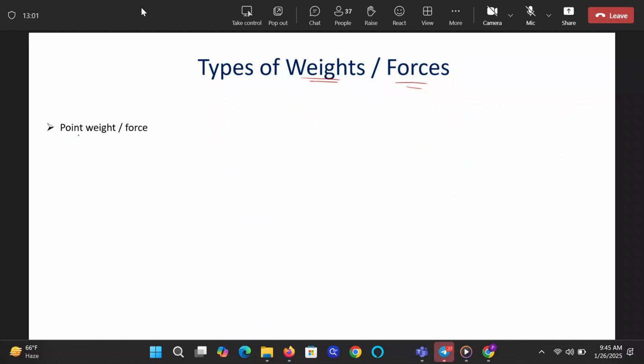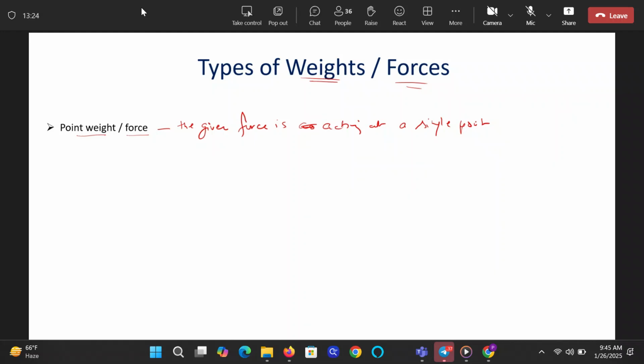What do we mean by a point weight or a point force? That means the given force is acting at a single point on the beam.